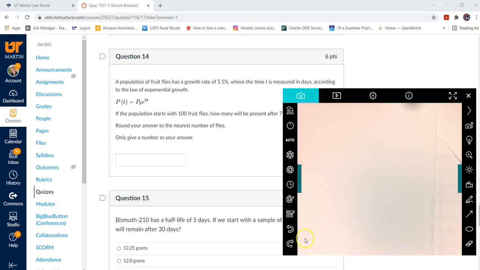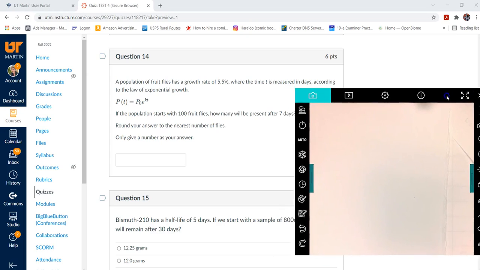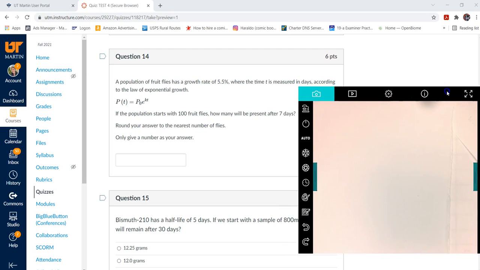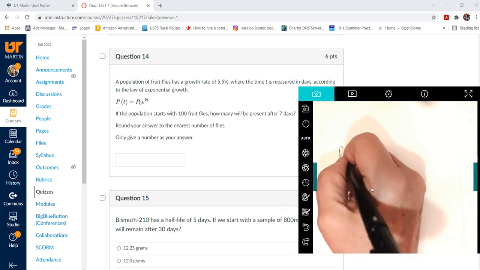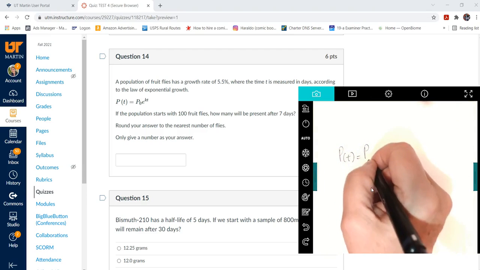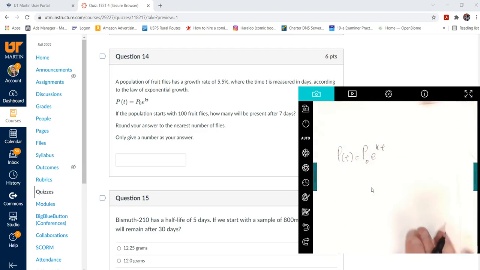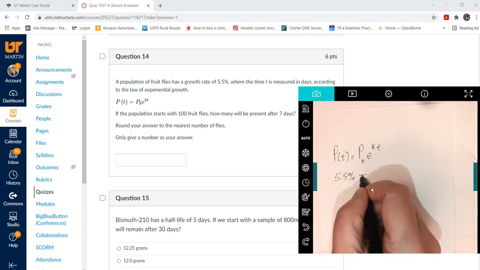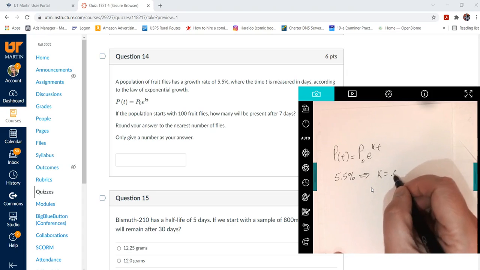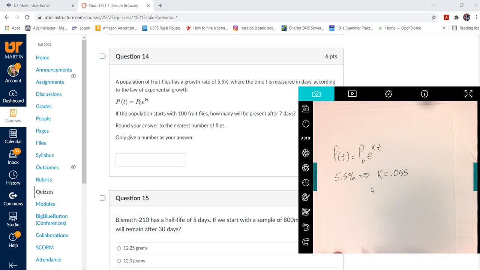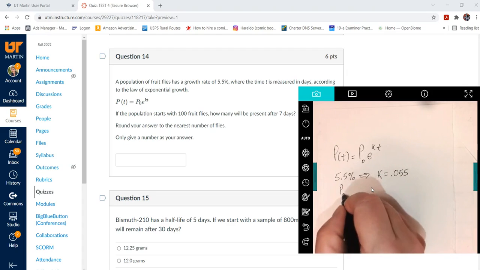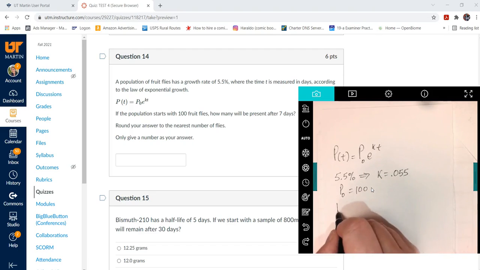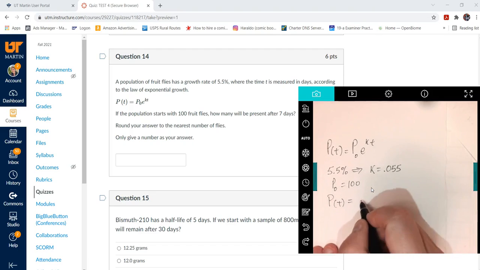Now, there's a lot to unpack with this one, but unpacking it is what we must do. Okay, so here's my formula. It says that the growth rate is 5.5%, and so that tells me that k is equal to 0.055. It says the population starts with 100 fruit flies. Okay, so now I can refine this formula.